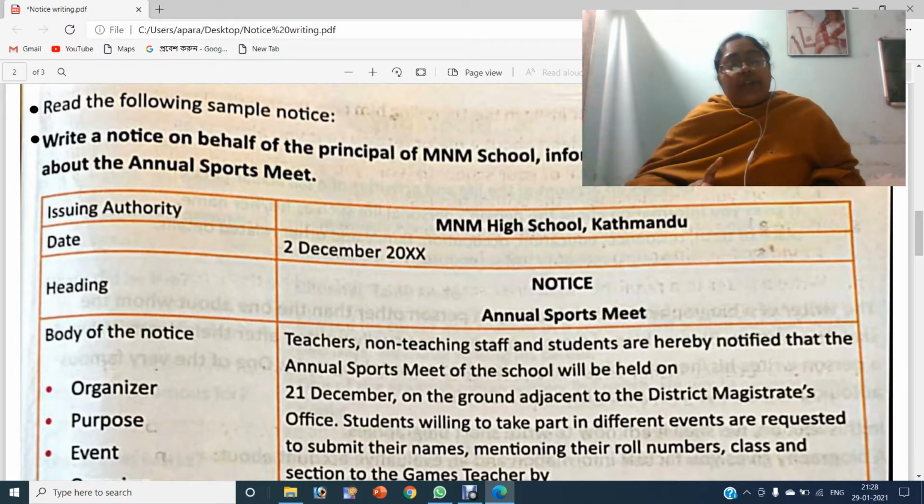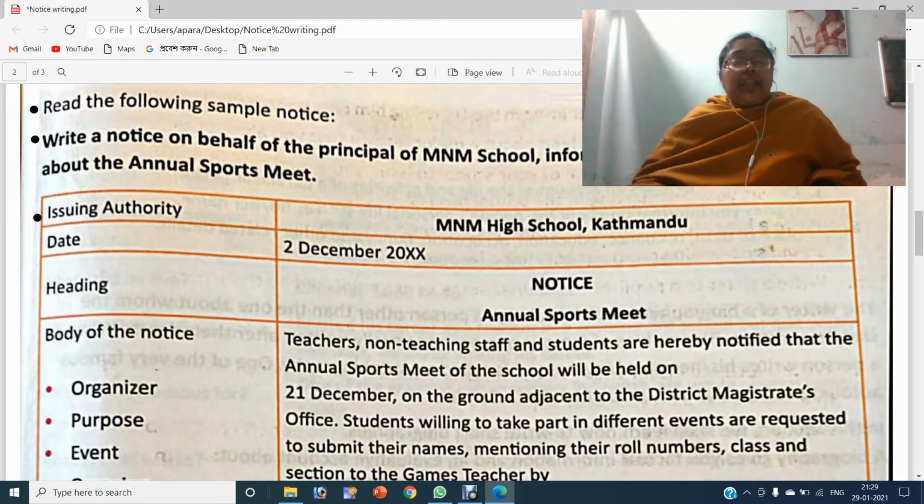Here I have given a tick. This one is the topic on which we are going to write down the notice. Now, coming down, this is the format by which we write notices. Okay? Now first, what do we have?